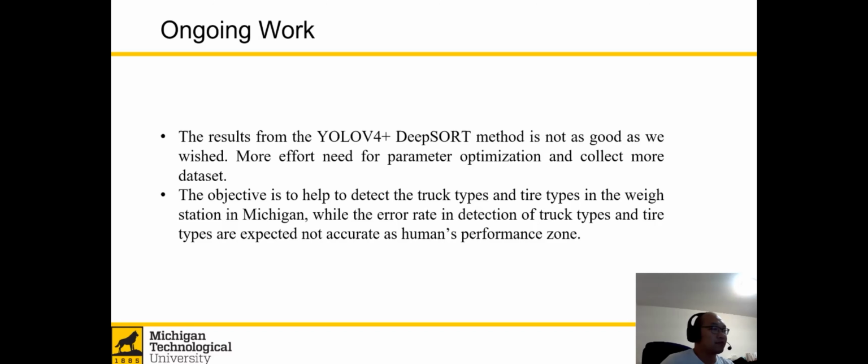We also hope that after training it can help detect the truck tire type and the truck types at weigh stations in Michigan. And we hope the error rate for the truck type and tire type may not be as accurate as human performance, but similar.